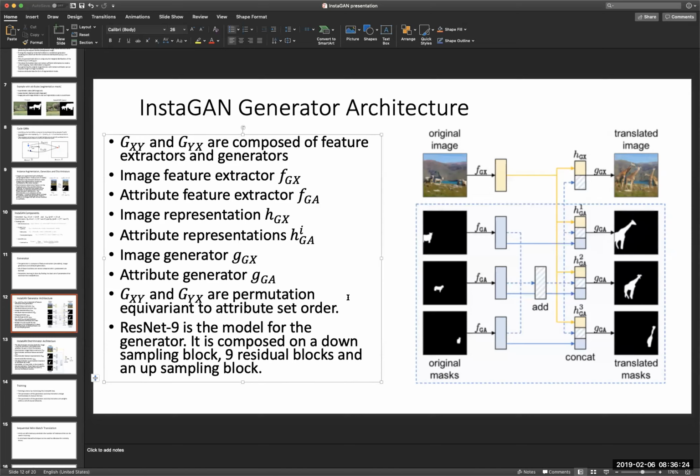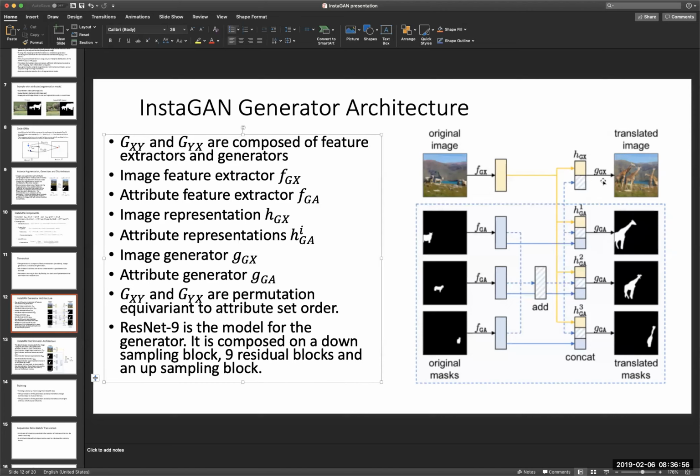It's useful to note that GXY and GYX are permutation equivariant to attribute set ordering. So if you permute the order of these masks, it shouldn't change the translated image. And you can see how that would happen because you're summing these things all together, and that's the only input to the translated image.